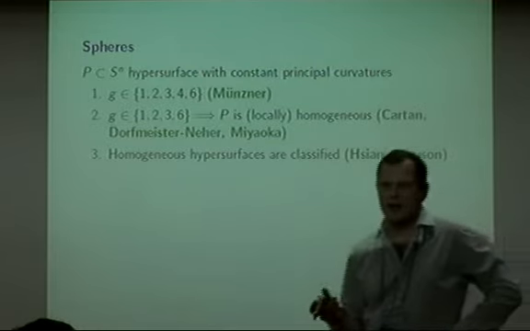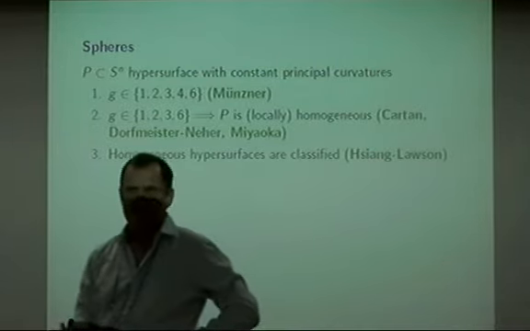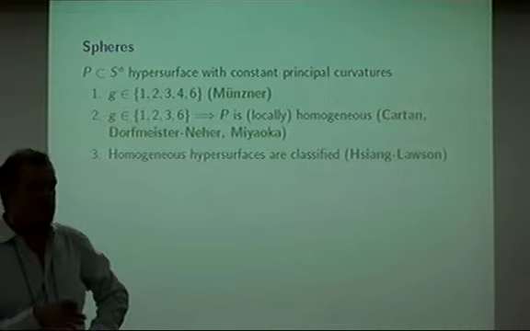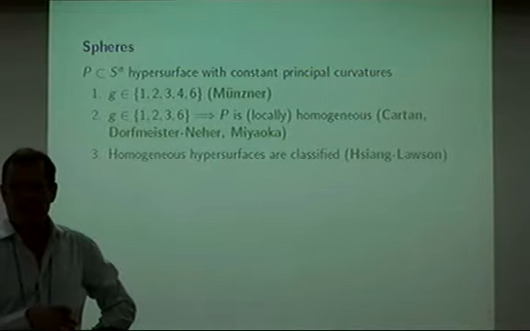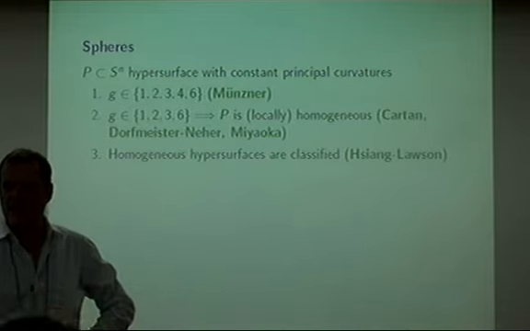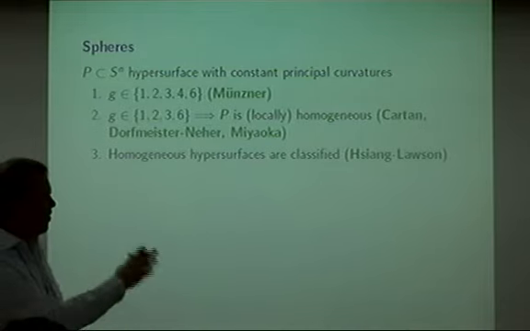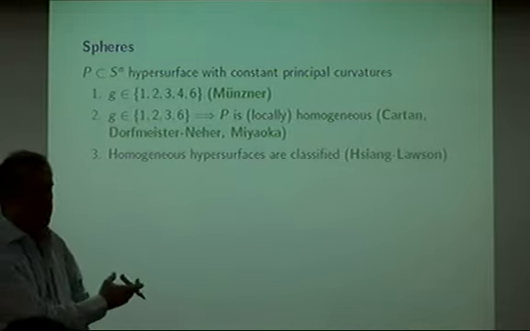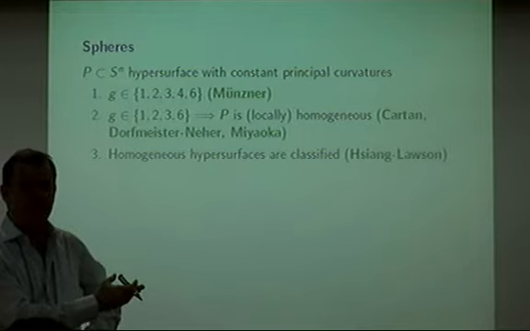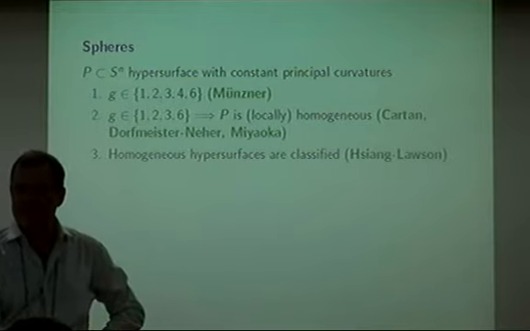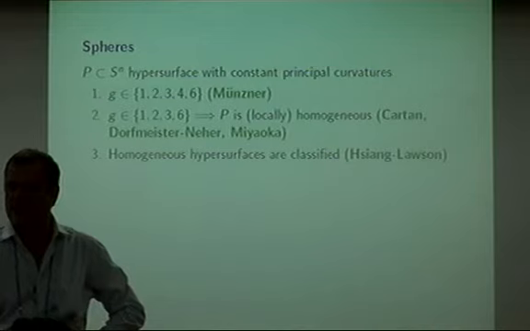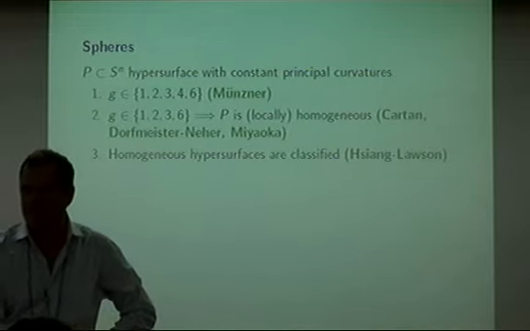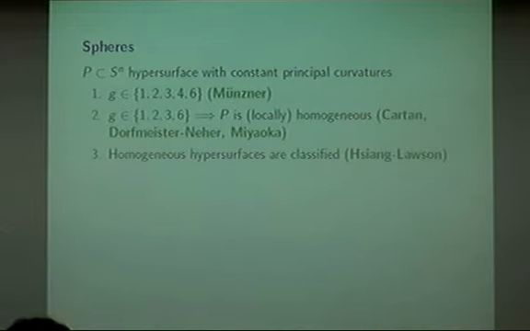And what Hsiang and Lawson proved is that the converse is true, that every homogeneous hypersurface in a sphere arises as an orbit of the isotropy representation of a symmetric space of rank 2. And there is a list of such spaces. It's a rather short list, and this gives the classification of the homogeneous hypersurfaces in spheres.